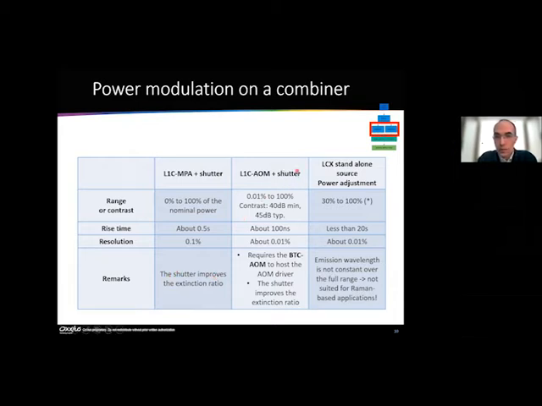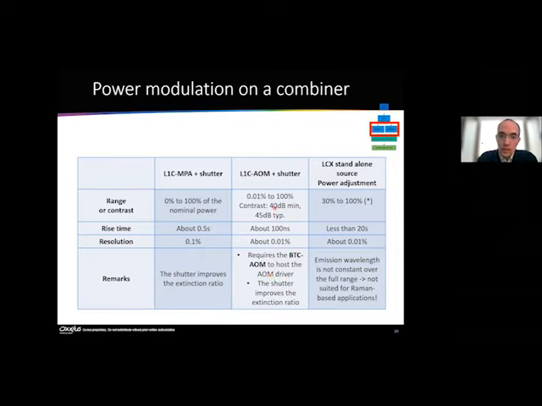The other option that you have is to use the modulator, in which case the rise time is in the range of 100 nanoseconds, and it requires an additional controller, which we call the BTC AOM, to host the driver of the modulator.